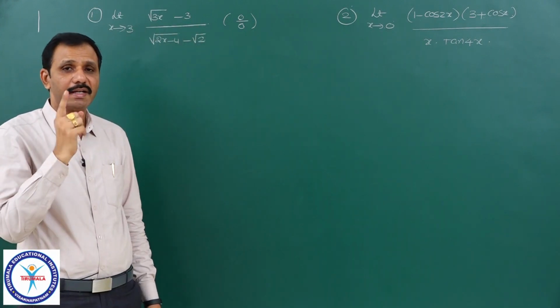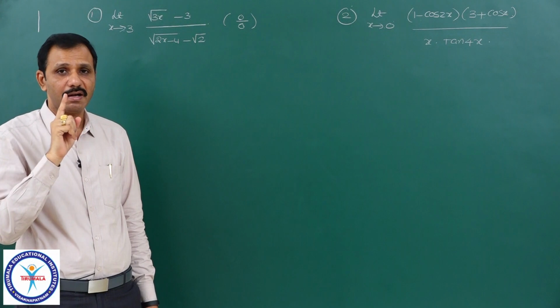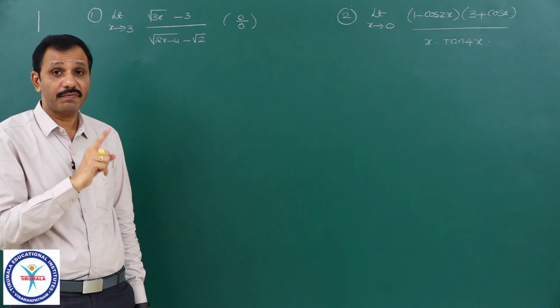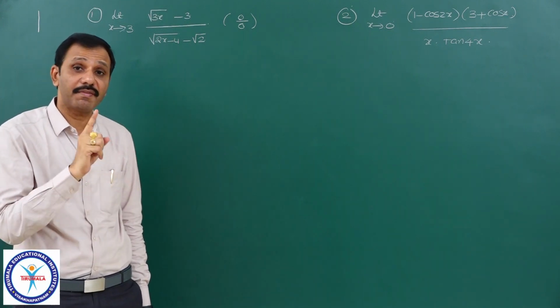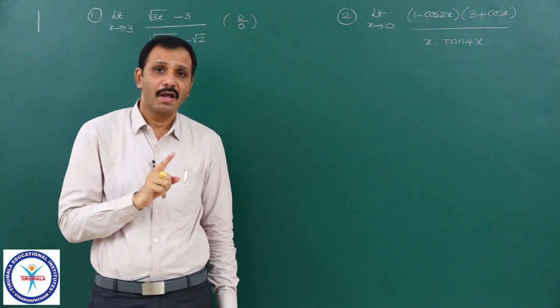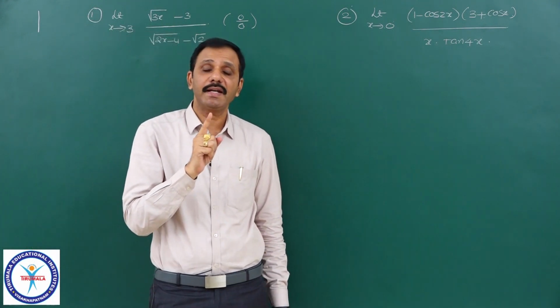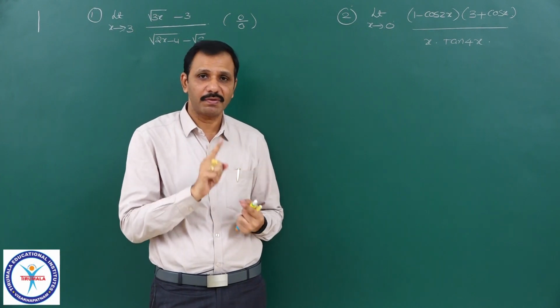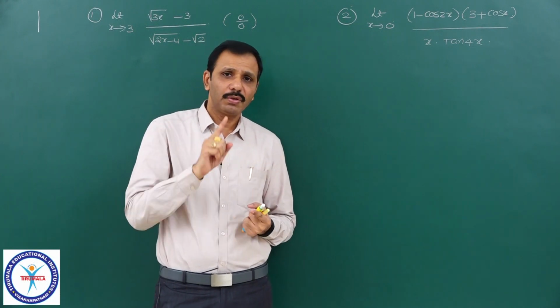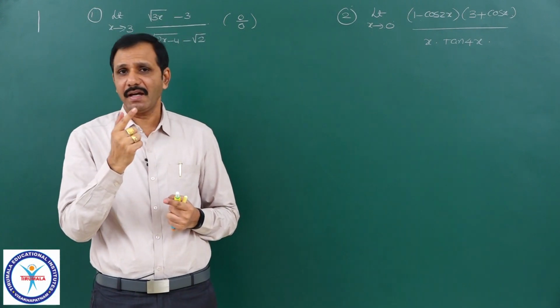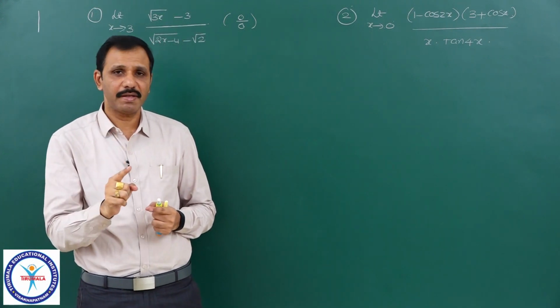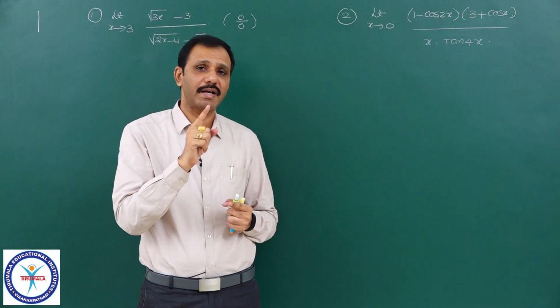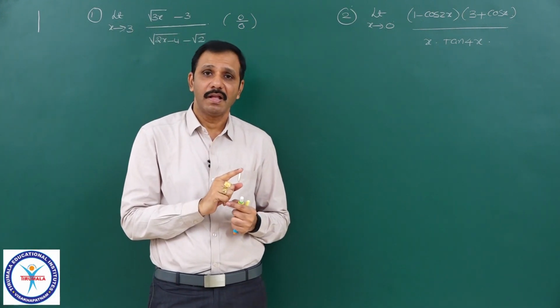If it is an indeterminate form, you cannot evaluate it directly. First, it must be made free from that indeterminate form. How you eliminate it depends on the problem given. You check if the numerator or denominator has factors, and write the factors to eliminate that form.